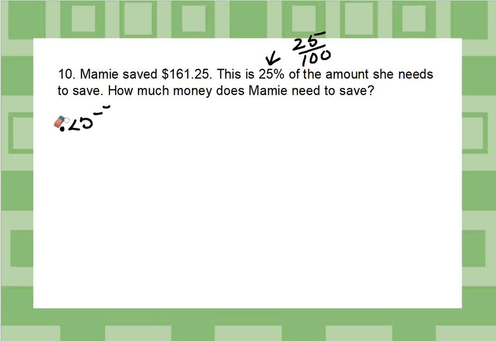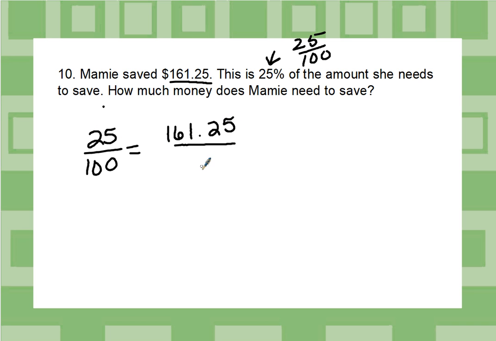Let's back this up. Let's do our part to whole. So we have our 25 over 100. 25% is the part, 100 is our whole, and 161.25 is the 25%. So we know that's going up here, and it's going over x, sorry, because it's our whole. We need to know what that whole is.